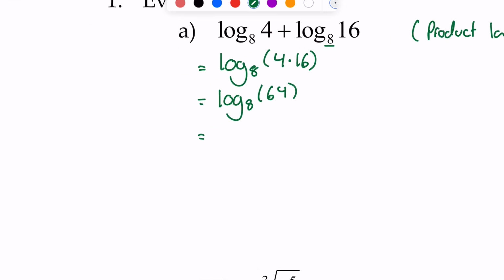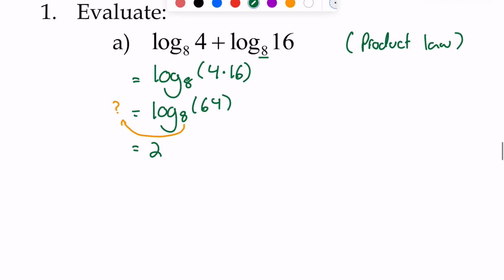So log 8 of 64. So ask yourself, 8 to the what gives you 64? Well, that would be 2. Okay, so log base 8 of 64 is 2.